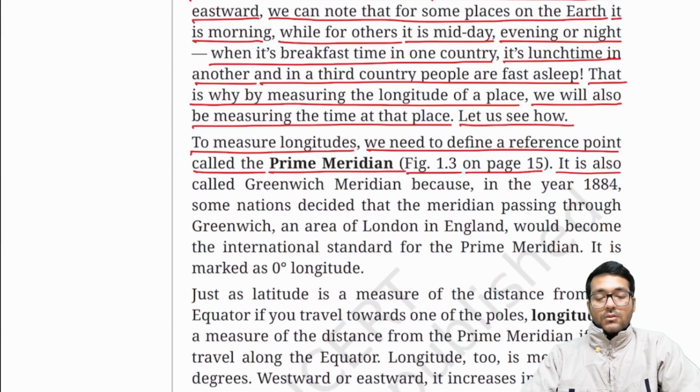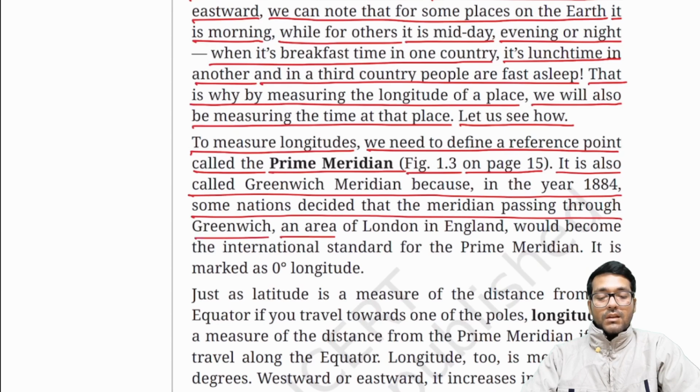It is also called the Greenwich meridian because in the year 1884, some nations decided that the meridian passing through Greenwich, an area of London in England, would become the international standard for the prime meridian. It is marked as 0° longitude.